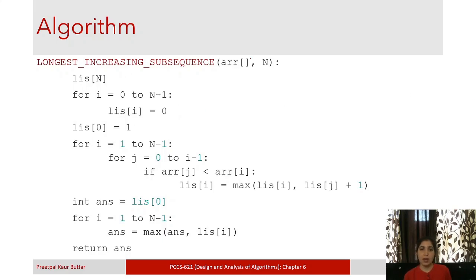Okay, so how are we solving it using the dynamic programming approach? This is the array which is given to you. Now I will explain it again with the help of an example. Let me take a different example this time.